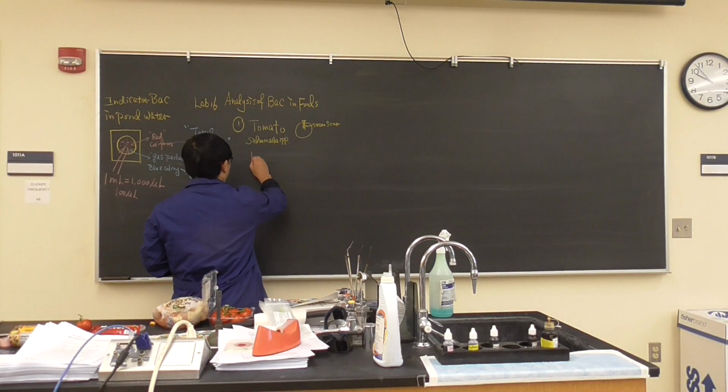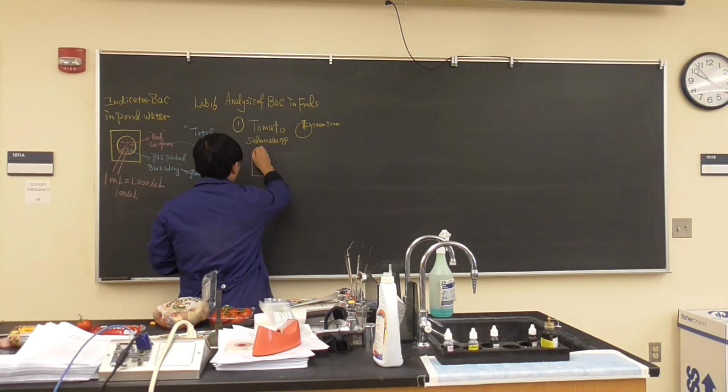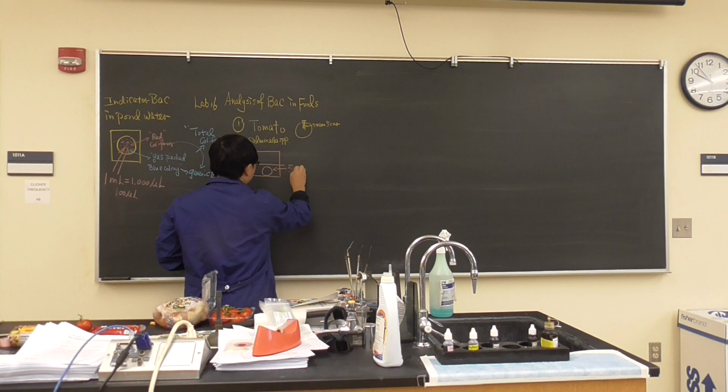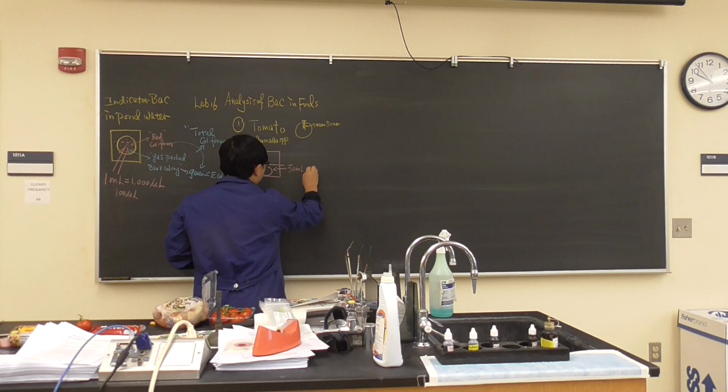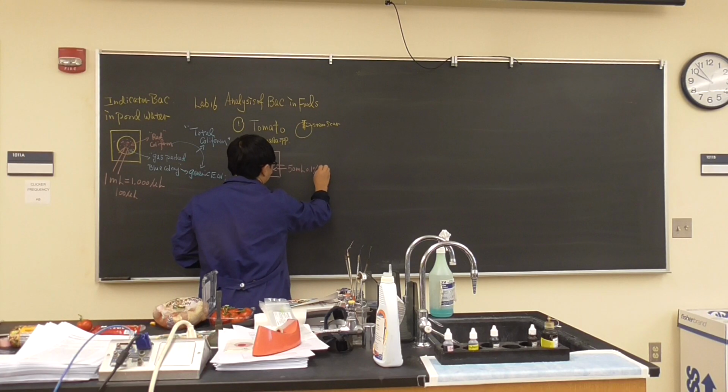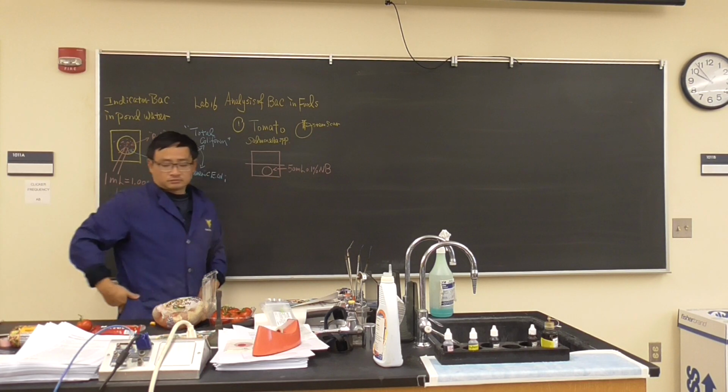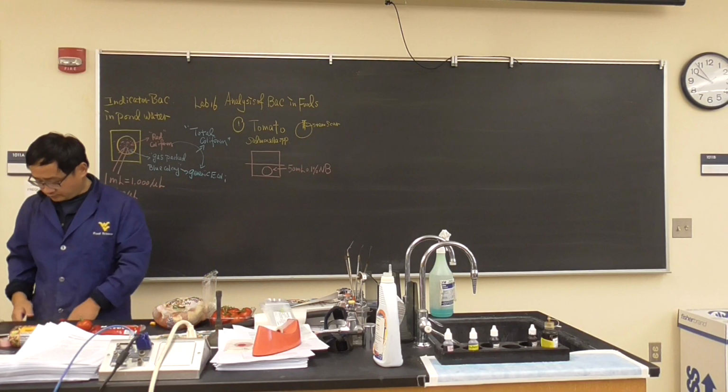So tomato, how are we going to do the sample? We are adding a tomato into a bag. We will add 50 ml of 0.1% nutrient broth. Okay, let's do that.